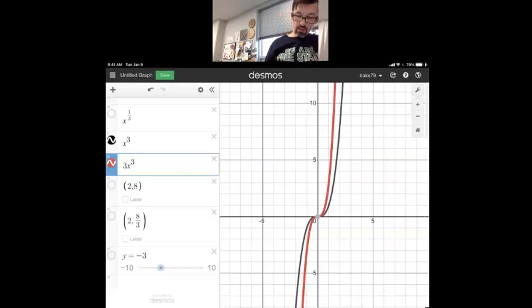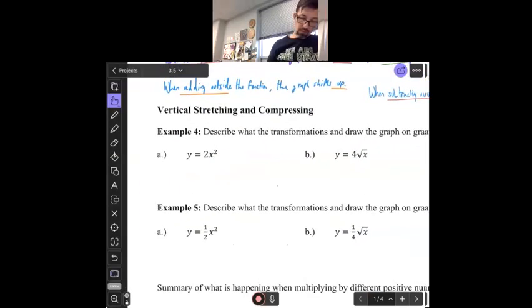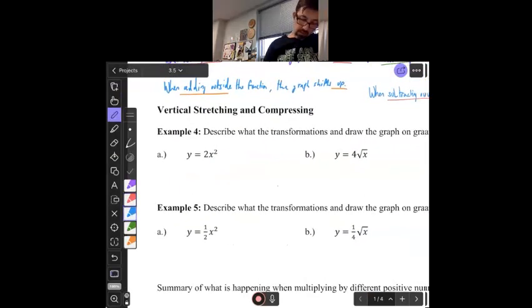Okay. So what these are all called are vertical stretches. So this is a vertical stretch, and we need to say by a factor of, and how much. So it's a vertical stretch by a factor of 2, and there are no words here that you can leave out. They're all necessary.